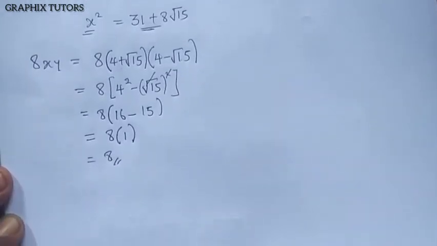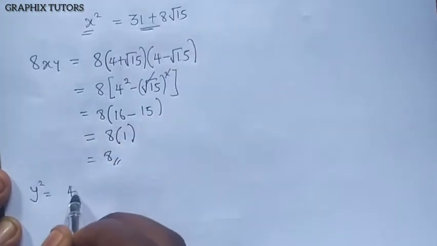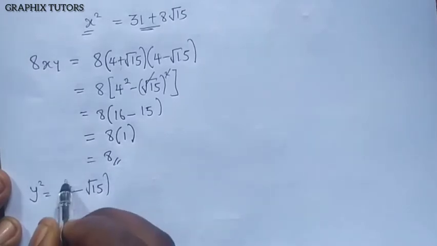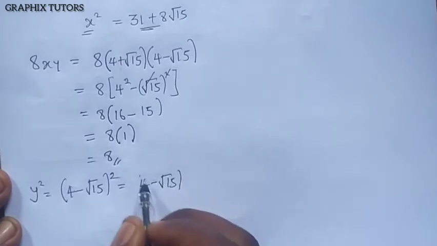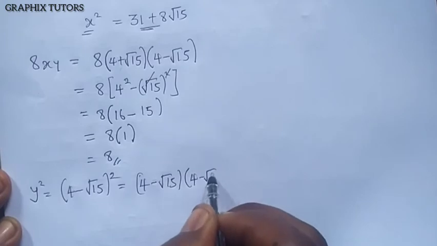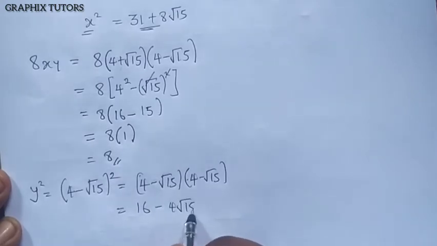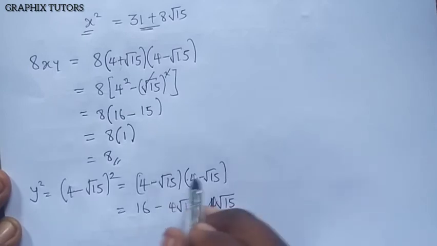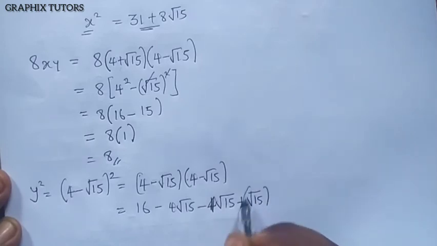Now the next one is y squared. Our y is 4 minus root 15, so we square it: 4 minus root 15 times 4 minus root 15. 4 times 4 is 16, minus 4 root 15, minus root 15 times 4 gives minus 4 root 15, and minus root 15 times minus root 15 gives plus root 15 all squared.